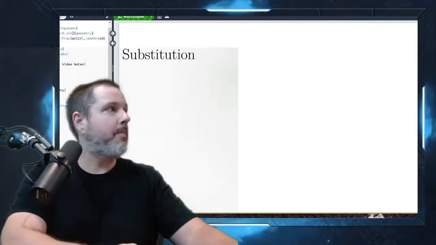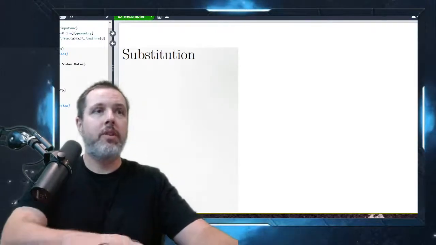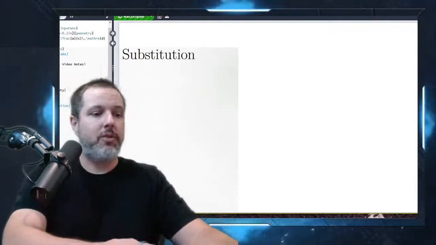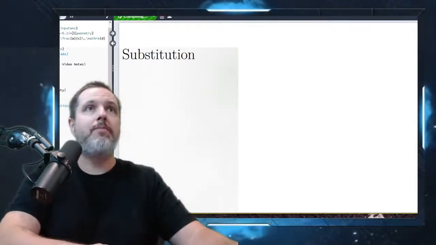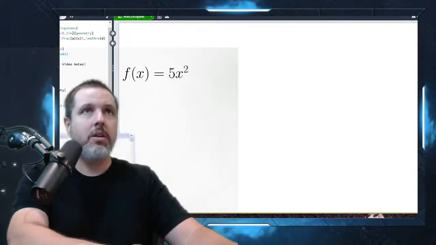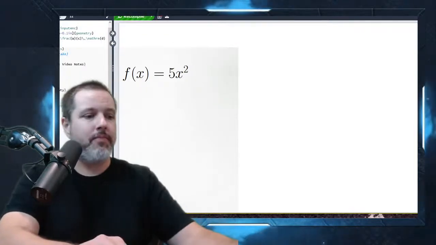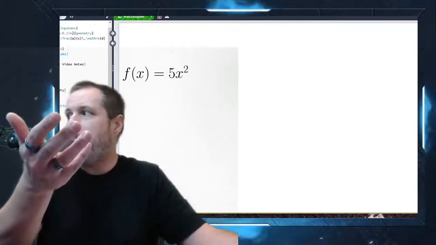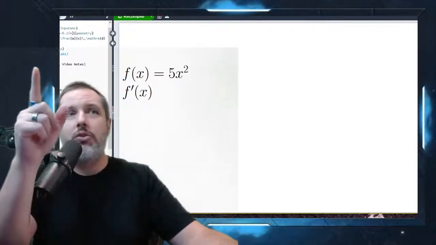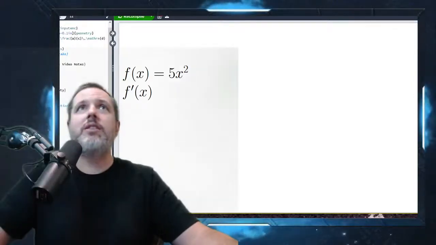So for instance, if we wanted to take the derivative of, let's say, f of x equals 5x squared. So remember our notation. My derivative is going to be what we call f prime. That apostrophe is called prime. So f prime equals, okay, so what we just looked at, that power rule says I'm going to bring the exponent down in front, right?